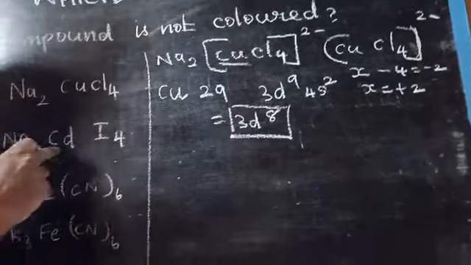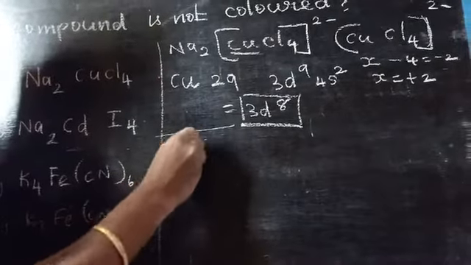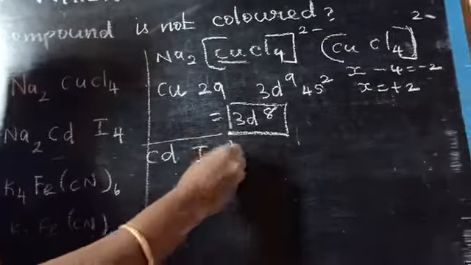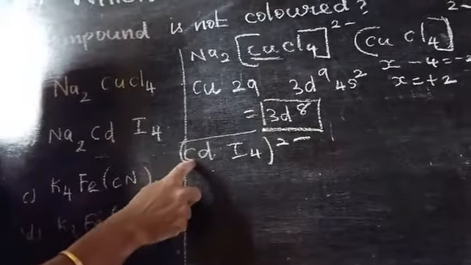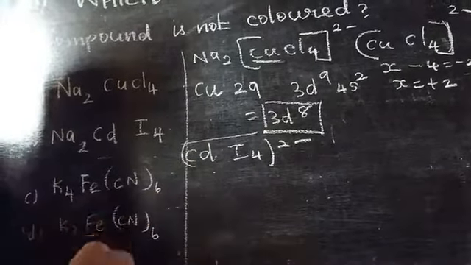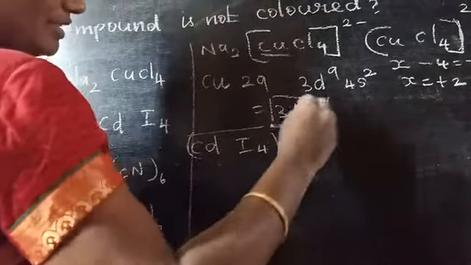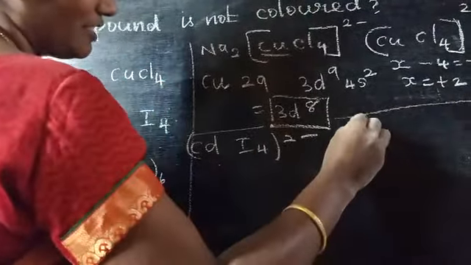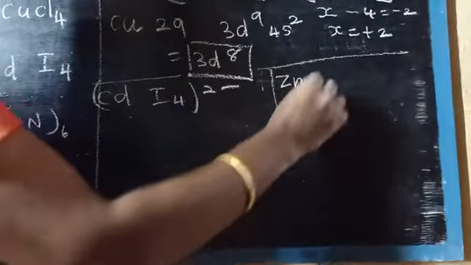Okay. So next Na2CdI4. Same way to find, CdI4 2 minus because sodium is 2. Cadmium is present below the zinc. Zinc outer valence electron is an easy way trick, children. Zinc, cadmium, mercury are present in the periodic table.